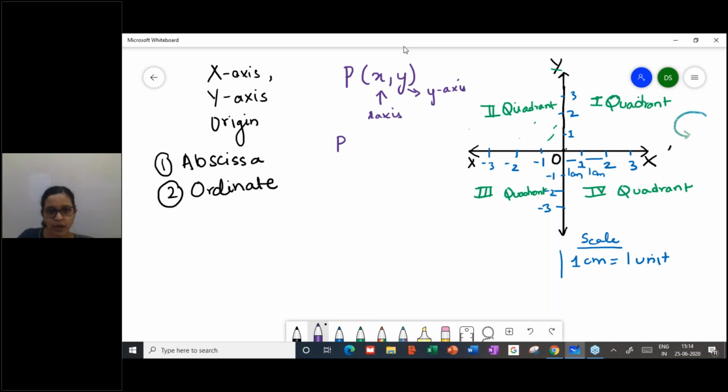So if I say it's 3 comma 4, basically 3 will be the units you're going to take on the x-axis and 4 will be the units you'll take on the y-axis, right? We'll come to, okay, so a few of you are answering.